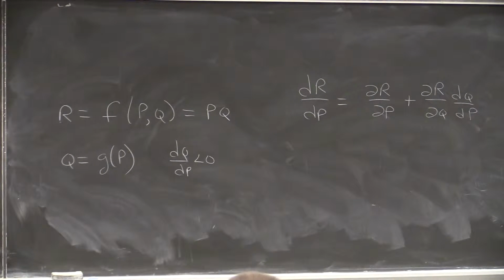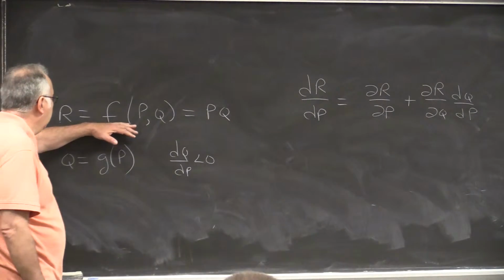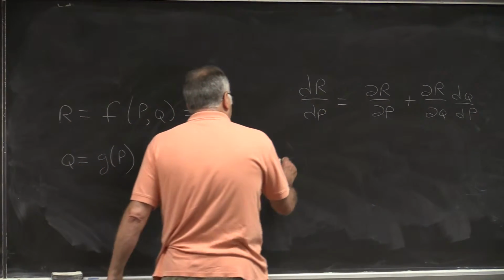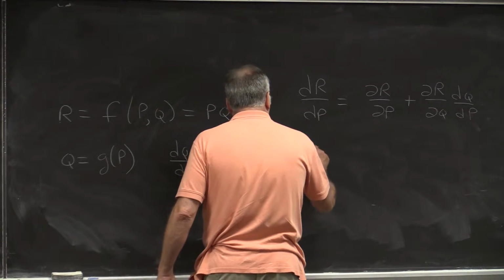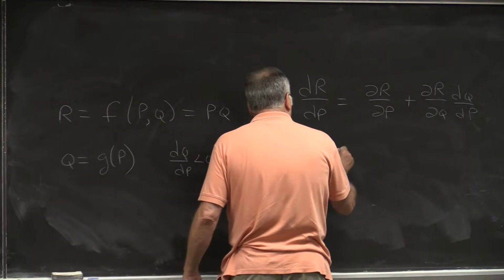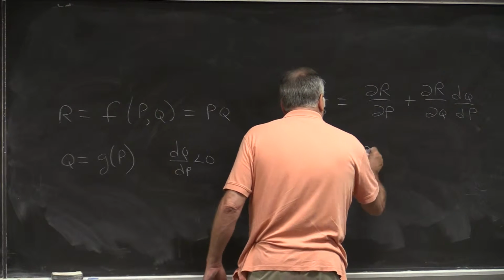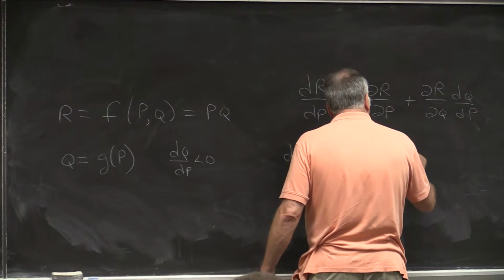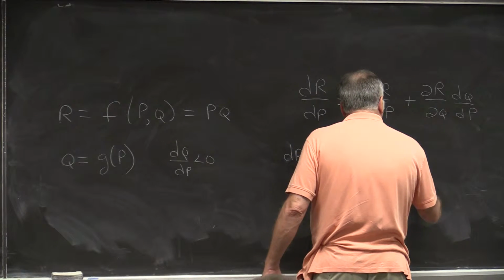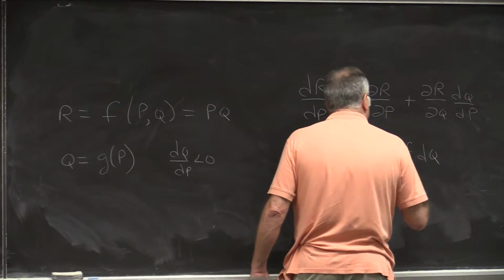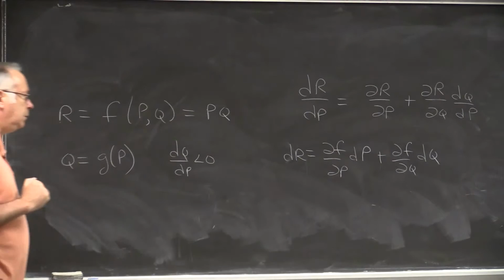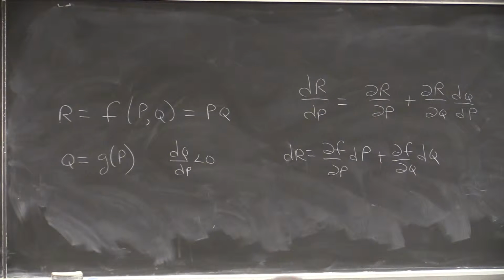Again, to help you remember this, an easy way to do it is to start off with the original function. Notice the total differential of R is just partial F, partial P dP, plus partial F, partial Q dQ. That's the total differential.